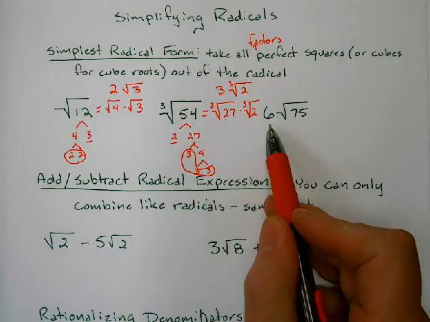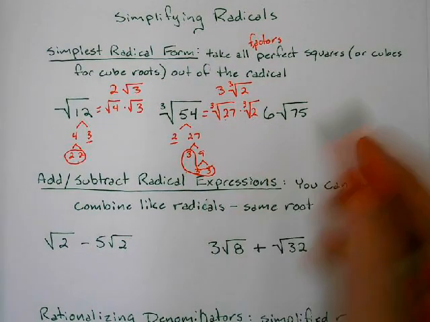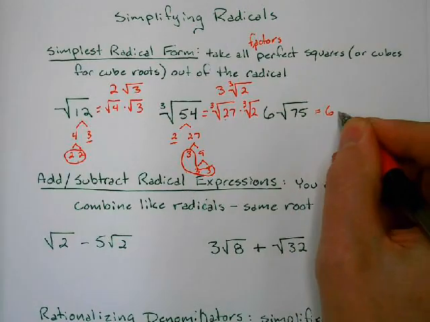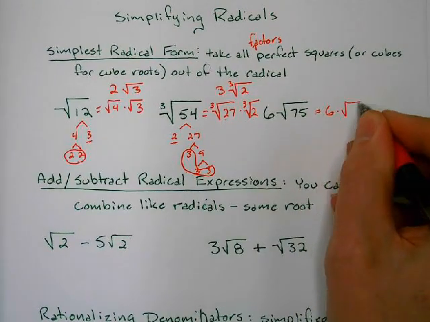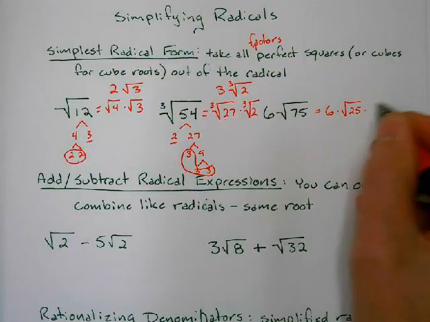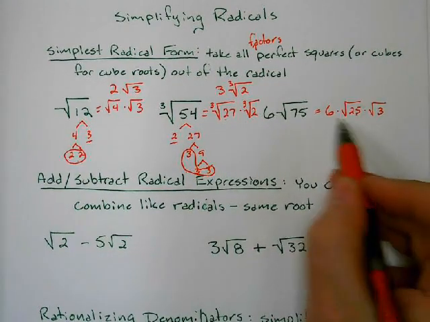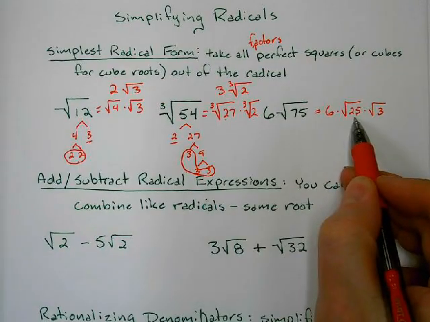Now, if you have a coefficient that's already out there, so for this one, you might go, oh, this is 6 times root 25 times root 3, because 3 times 25 is 75, and 25 is a perfect square.